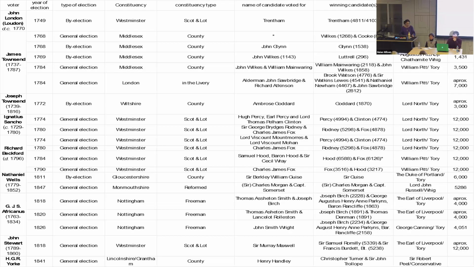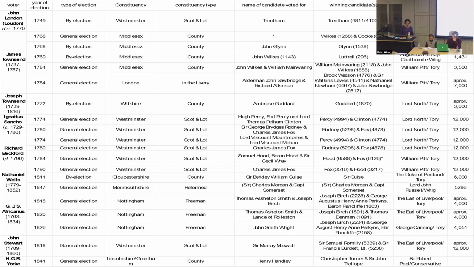I found all the identified Black MPs to have voted at least once. The two early MPs were James Townsend, who sat in Parliament for West Looe in 1767 to 1774, and Calne in 1782 to 1787, and Richard Beckford, who sat in Parliament for Bridport in 1780 to 1784, Arundel 1784 to 1790, and Leominster in 1791 to 1796.